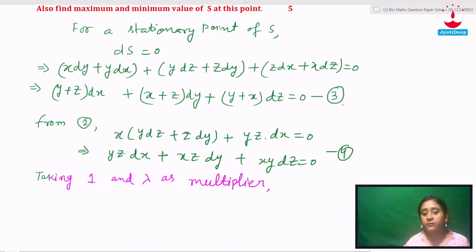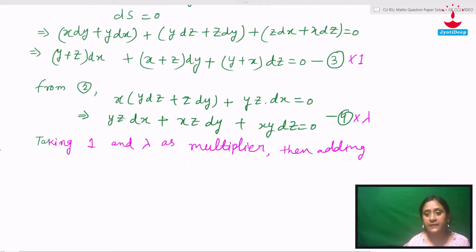So we are going to multiply 3 by 1 and 4 by lambda and then adding. So what we will get here?